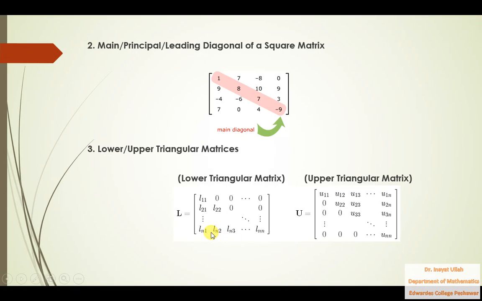There may be some zeros, but not all zeros. If below the main diagonal all elements are 0, then that is an upper triangular matrix.